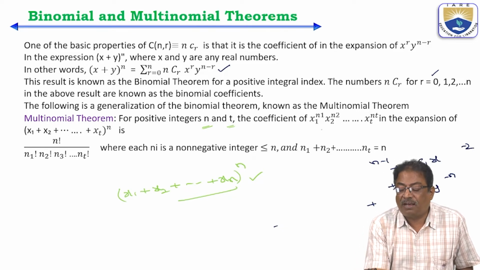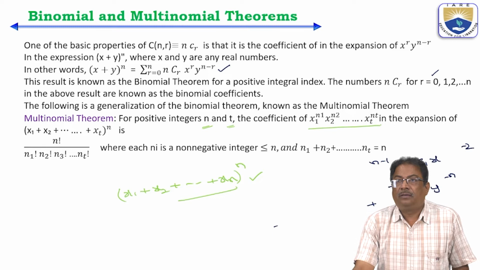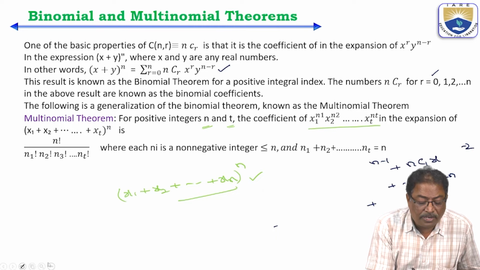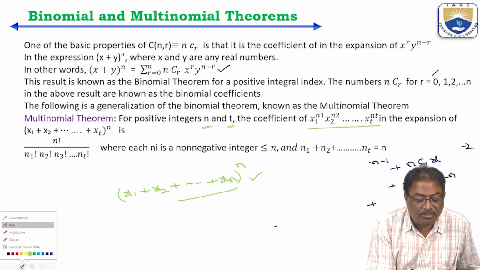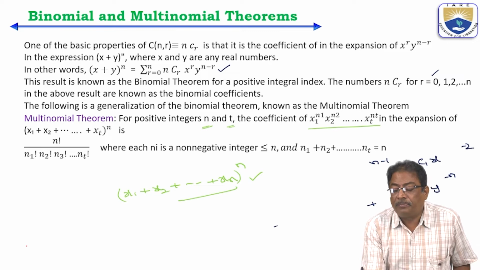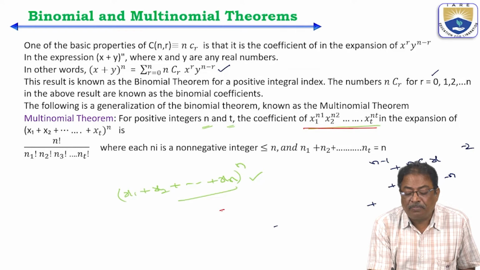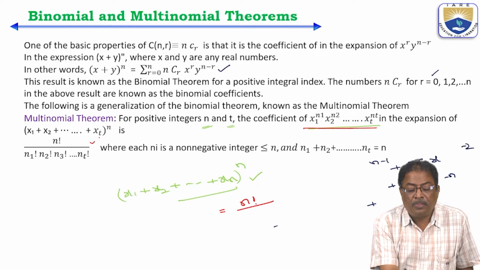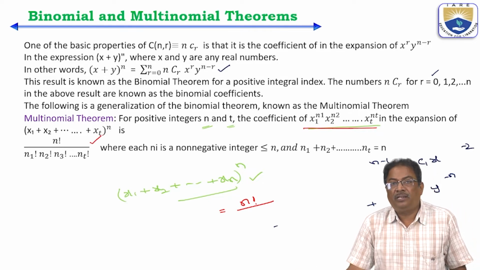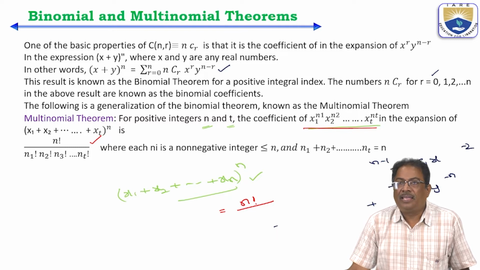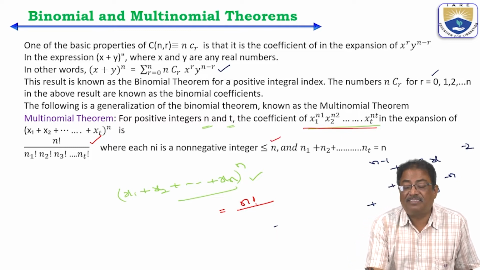Then the coefficient of x1 to the power of n1 into x2 to the power of n2 and so on into xt to the power of nt is n factorial by n1 factorial into n2 factorial and so on into nt factorial, where n is a non-negative integer and each ni is a non-negative integer not greater than n.